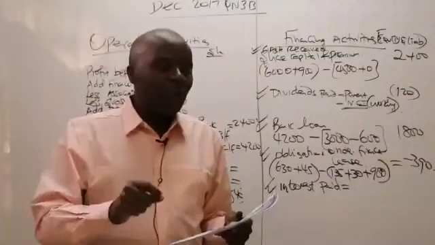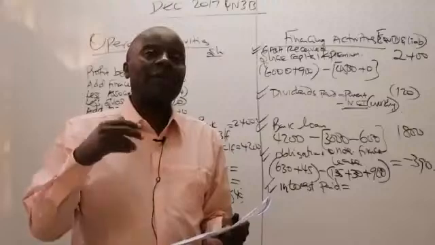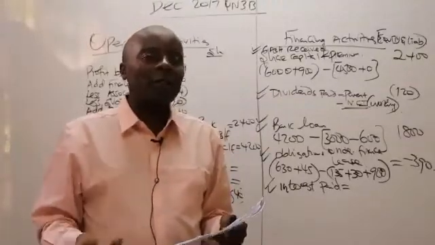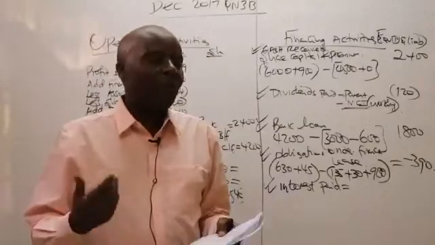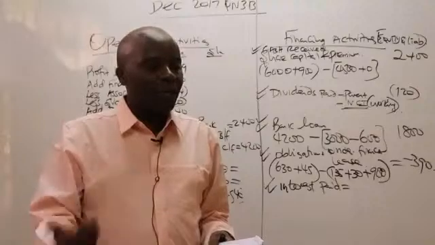Kumbuka, the interest which you have in the income statement is the interest for the year, but it was not the amount that we paid. The amount we paid, we must involve the obligations at the beginning and obligations at the end.